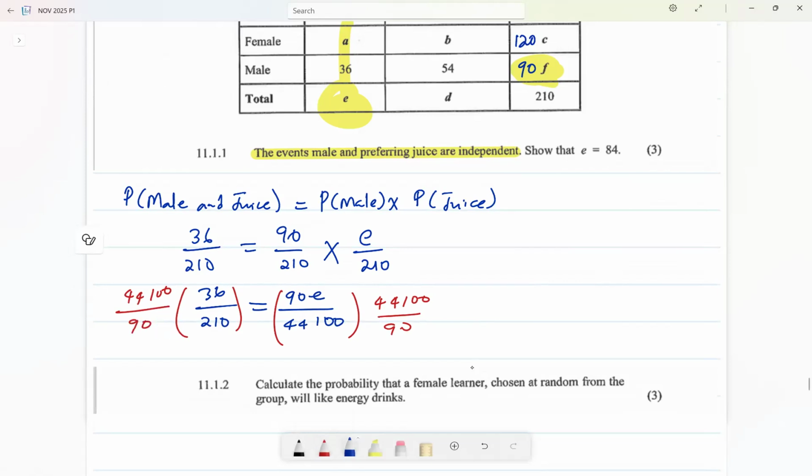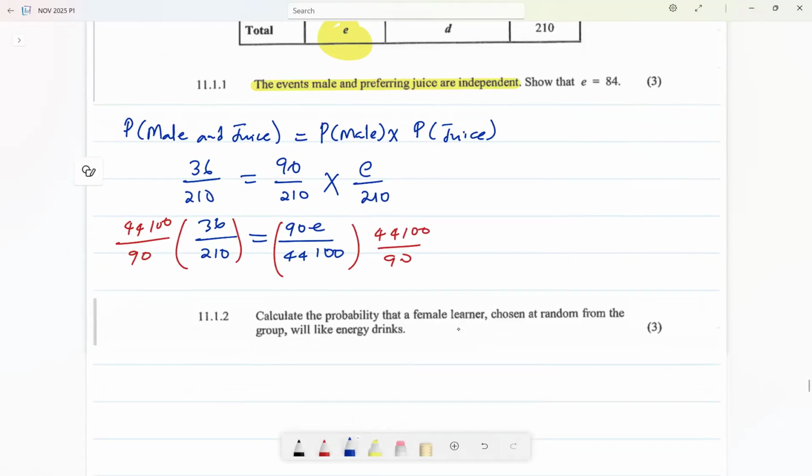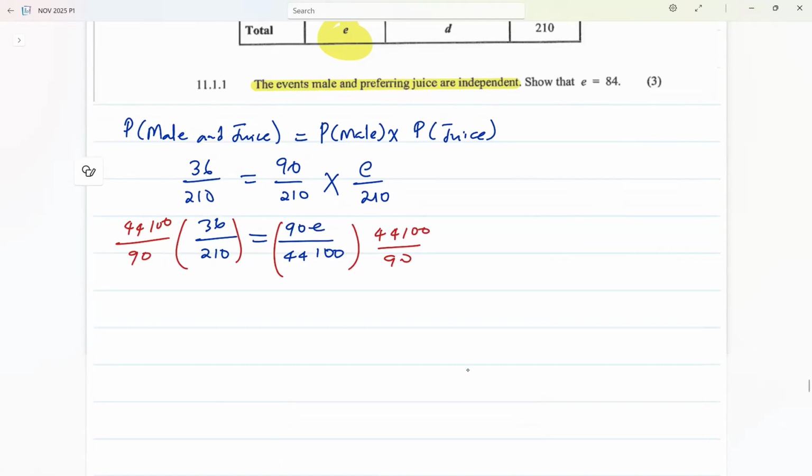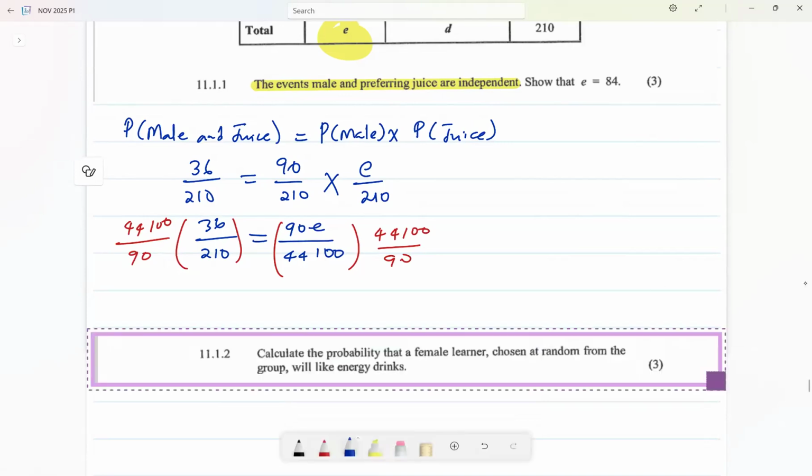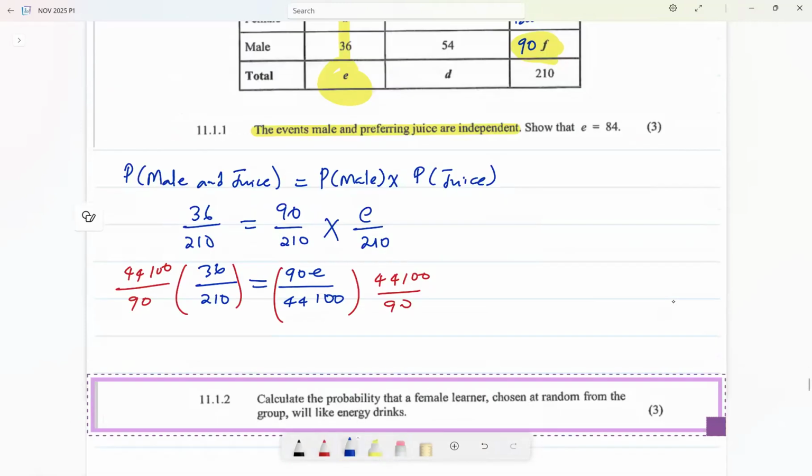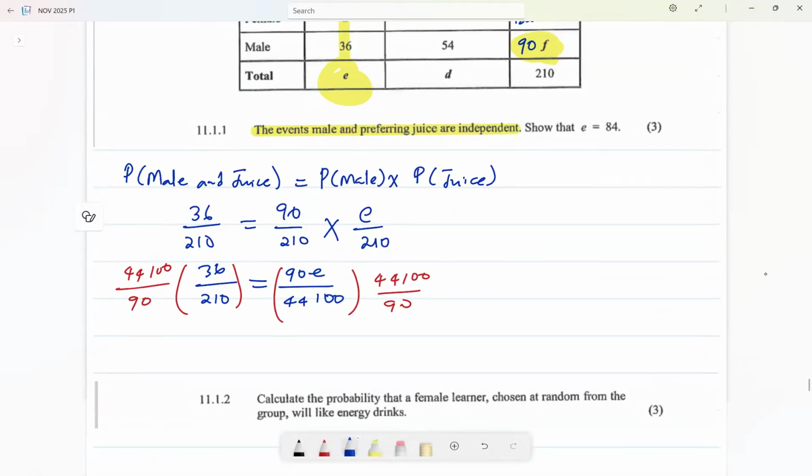When I do that, on the other side it's going to just be E. It is equal to, let's quickly confirm on our calculators, 44 divided by 90 multiplied by 36 divided by 210. In actual fact, it is 84.